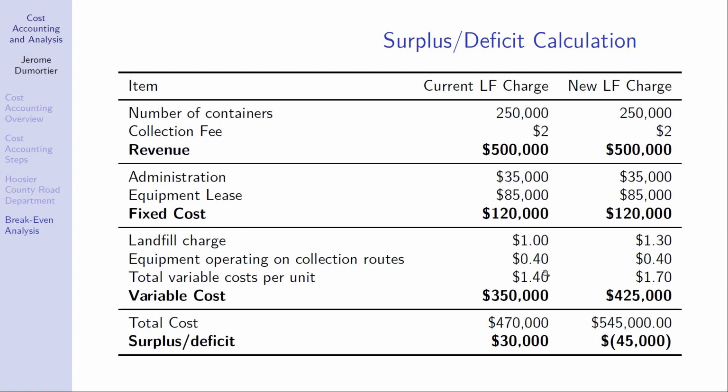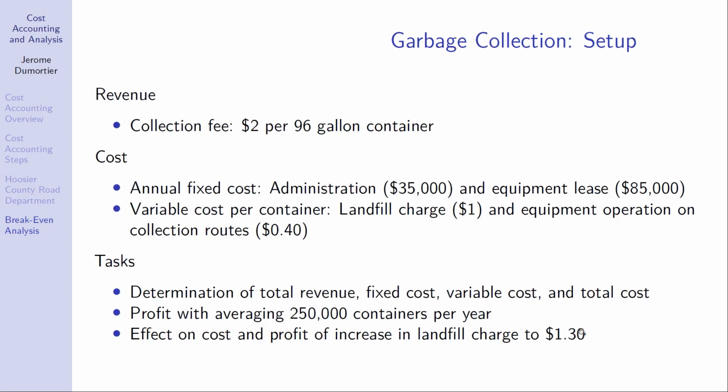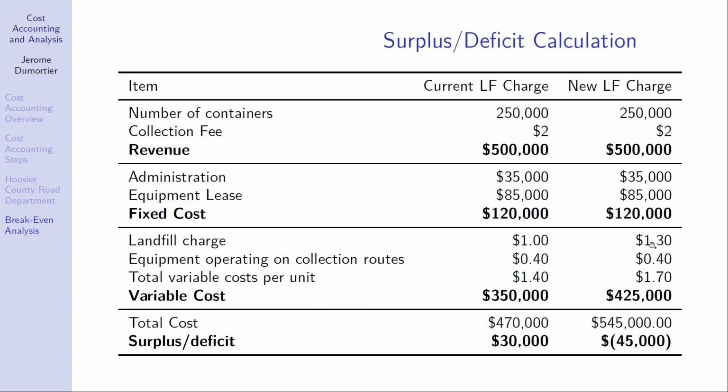Here we have the current landfill charge. LF stands for landfill, and we have the new landfill charge. Note that the landfill charge increasing to $1.30 does not change the number of containers collected or the collection fee, which is still going to be $500,000.